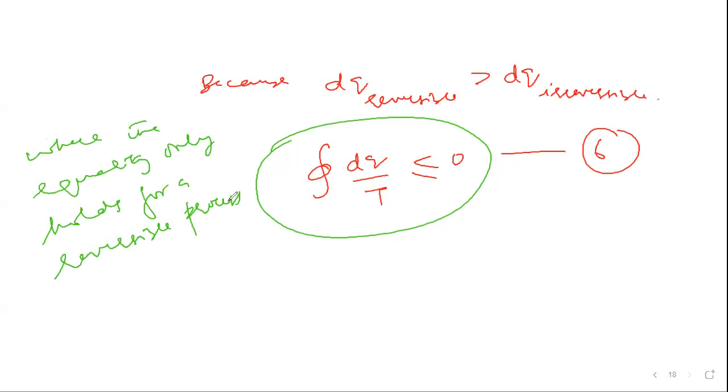And you might notice that the cyclic integral of an exact differential is always zero, but the integrand in equation 6 is only an exact differential for a reversible process, right? So we have solved for this cyclic integral for an arbitrary process. So you need to remember this inequality also.